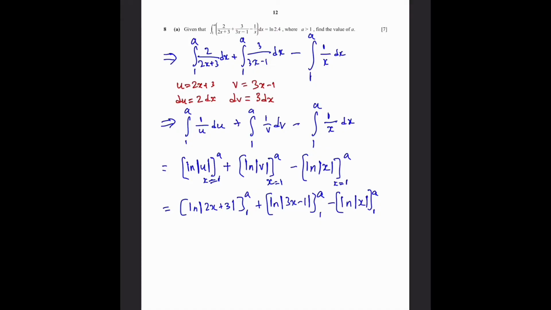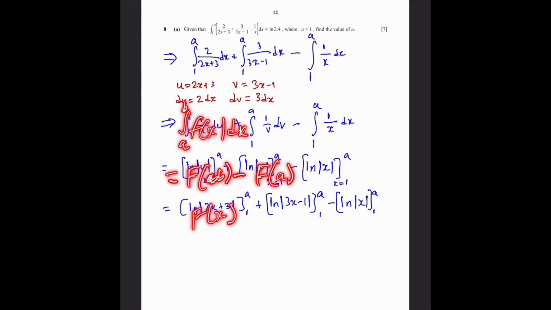Now we know the fundamental theorem of calculus that states that if you have a definite integral from a number a to b of some function f of x dx, this will be capital F of b minus capital F of a, where capital F of x is the integral of small f of x, or F prime of x equals small f of x.